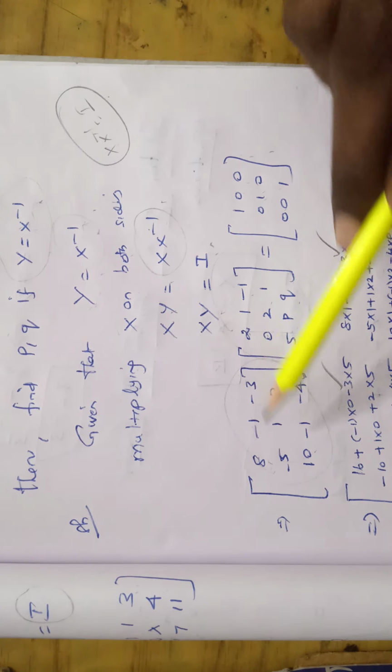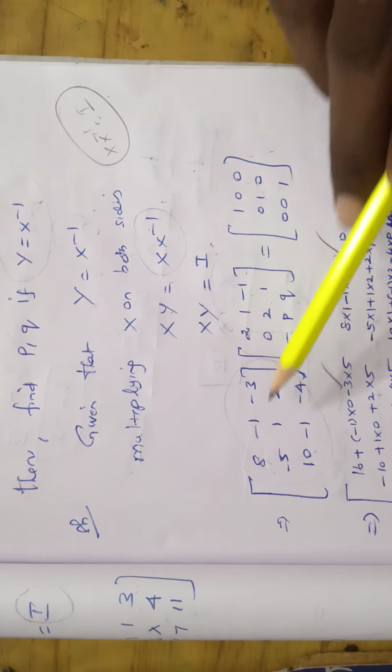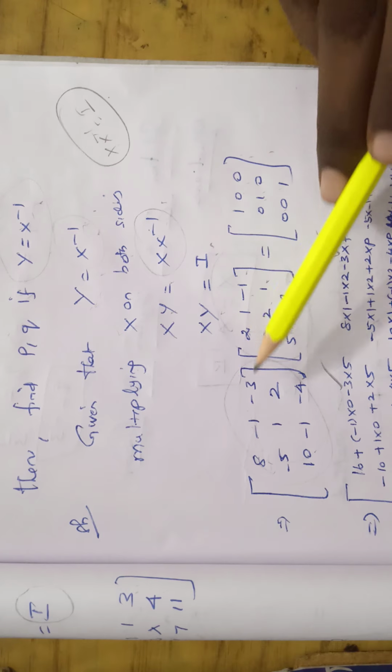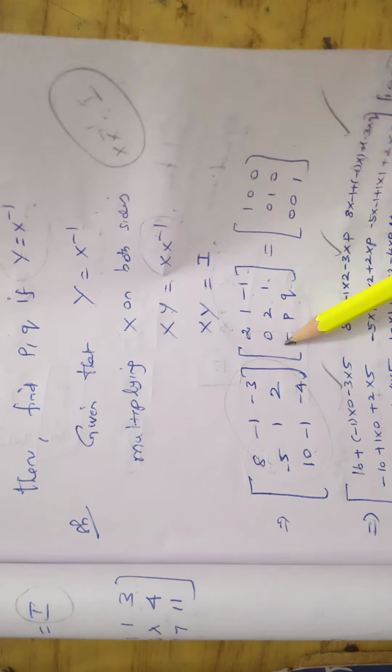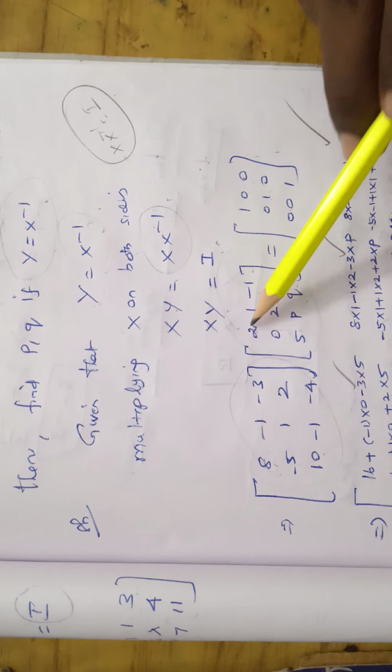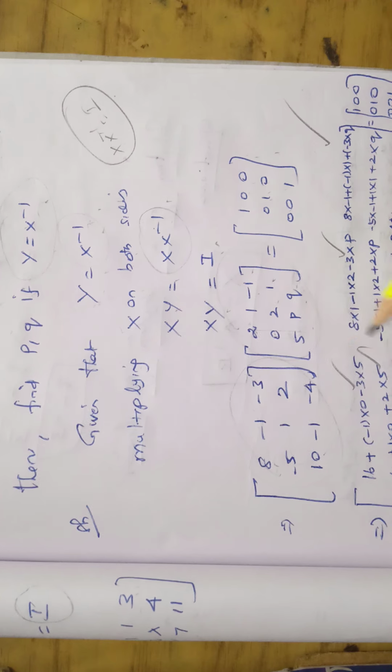Again, first row third column: 8 into minus 1, minus 1 into 1, plus minus 3 into q. Second row first column: minus 5 into 2 plus 1 into 0 plus 2 into 5. Again minus 5 into 1, 1 into 2, and 2 into p. Minus 5 into minus 1, 1 into 1, and 2 into q.